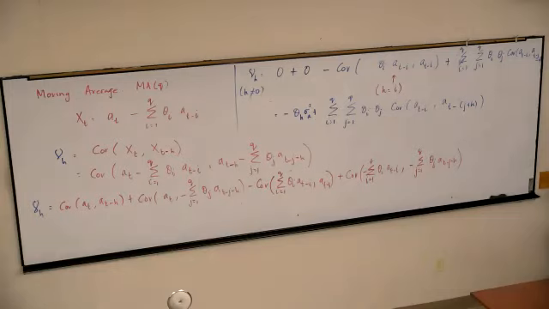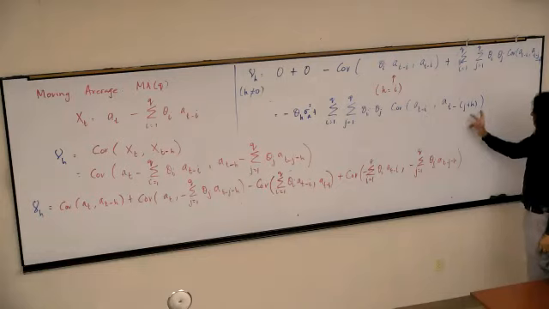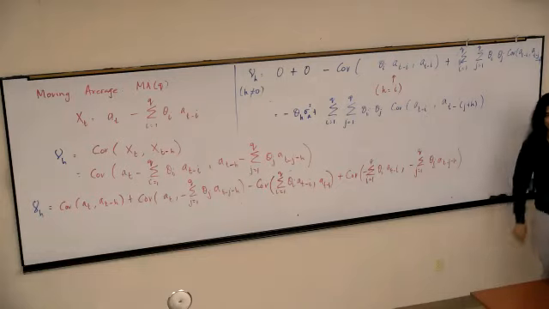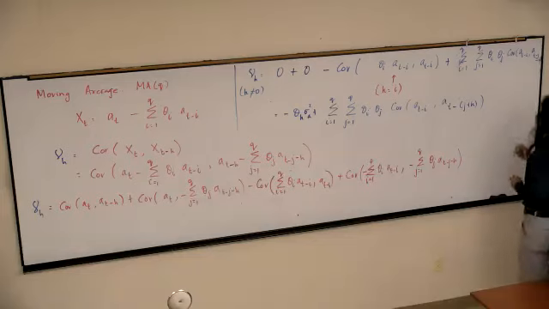Can you think of a value for either i, j, or both, where that time index and that time index match up? Even i equals j plus h, when i equals j plus h.